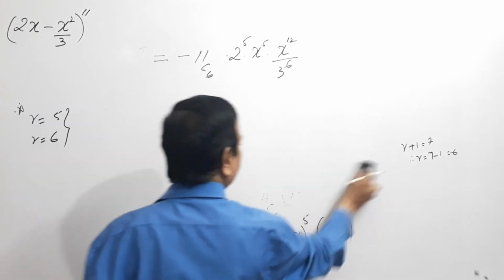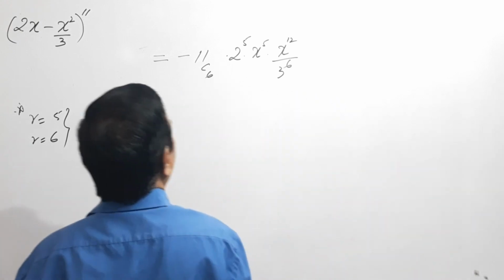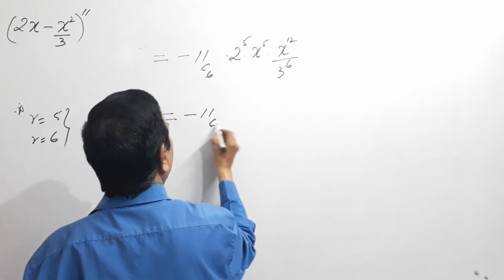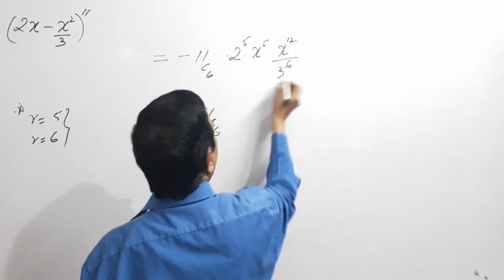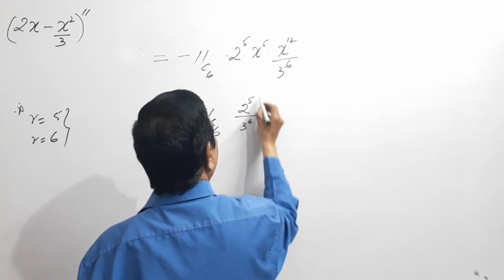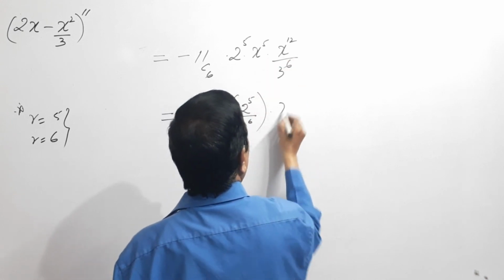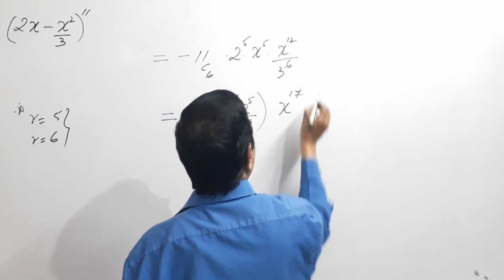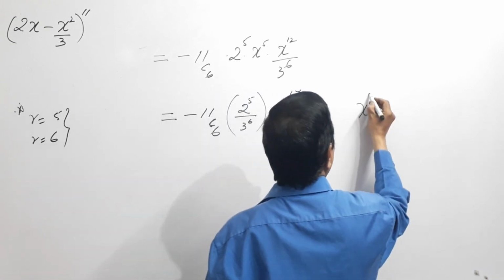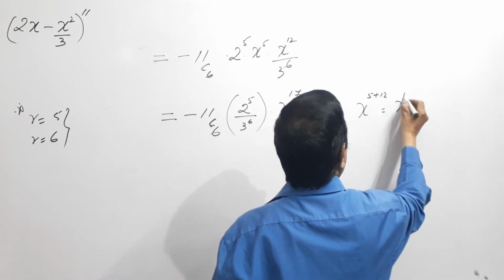So what I will do, I will simplify this. This equals minus 11C6. I bring this to 2 to the power of 5, 3 to the power of 6, and I will put a bracket for this. Bases are the same, add the indices, into x to the power of 17, so that is x to the power of 5 plus 12, that is x to the power of 17.